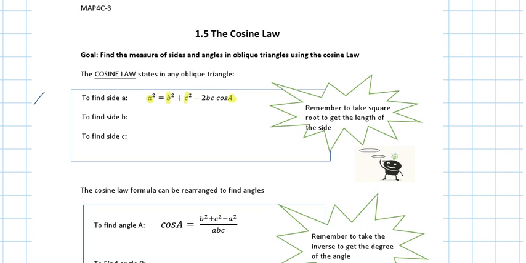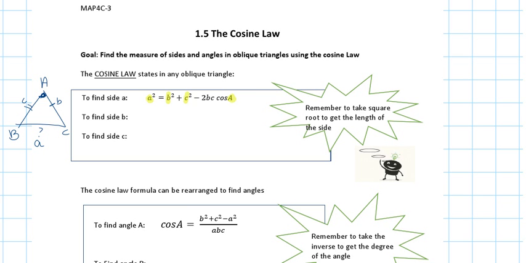If I have triangle ABC, I am looking for side A, I must know side B, I must know side C, and I must know angle A. Okay? So if I'm looking for side B, what do you think I should know? You see that I have to know the two sides and the angle in between, yeah?